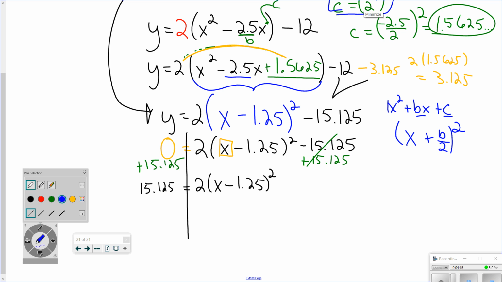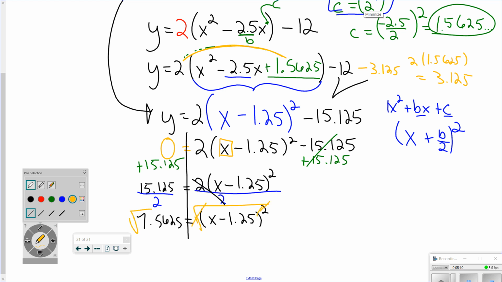Then we divide both sides by 2. So dividing both sides by 2, 15.125 divided by 2, you get 7.5625 equals x minus 1.25 squared. And then now you take the square root of both sides because the square will cancel with the square root.